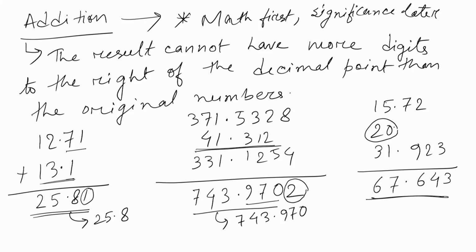So we will have to maintain this rule and the result should not have any digit after the decimal point. So for rounding off, we have to remove 6. So 6 is greater than 5. So the preceding digit 7 will increase by 1. So we will have 68 as the result. Okay. So this was the addition of significant figures.